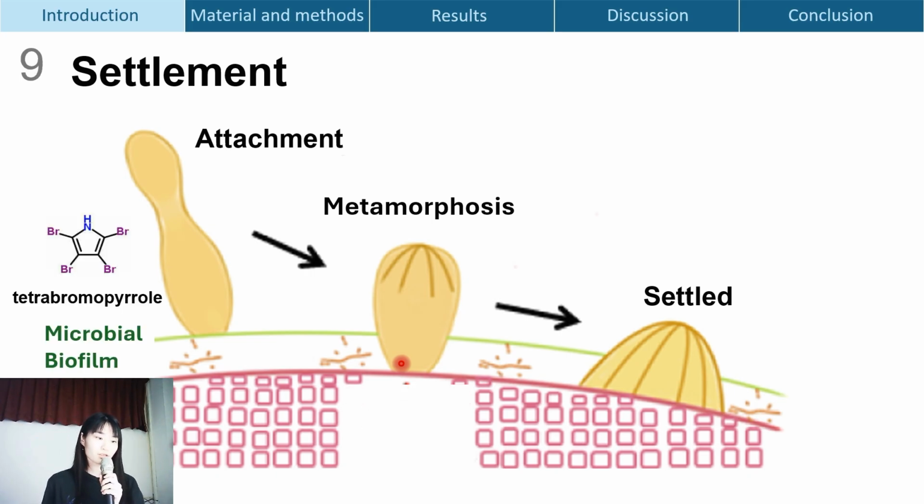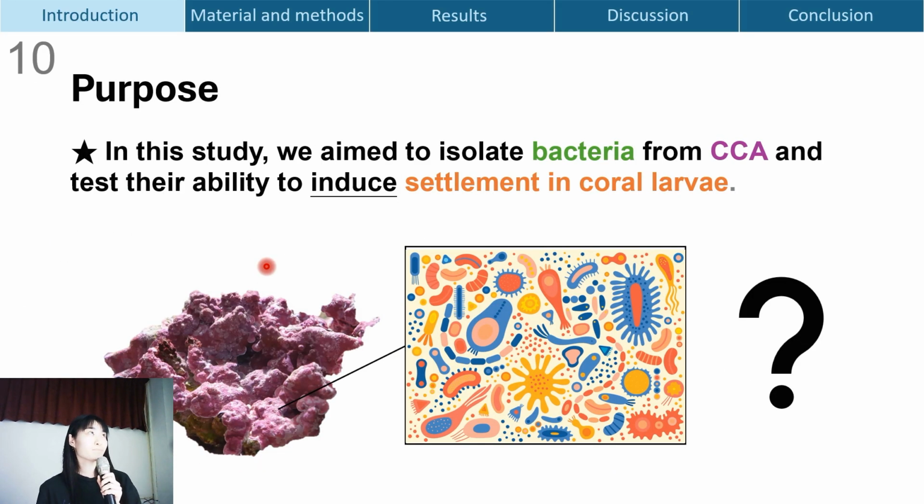And other research also proved that microbial biofilm has the same effect, as some bacteria can produce tetrabromopyrrole, which is the chemical here. It can also act as a chemical cue for them to know when to settle. And that is our purpose in this study.